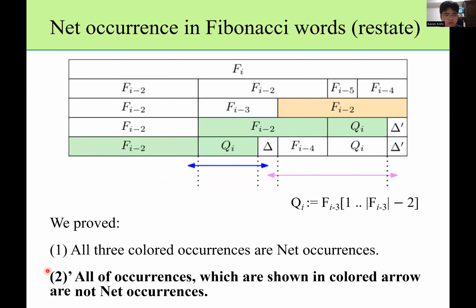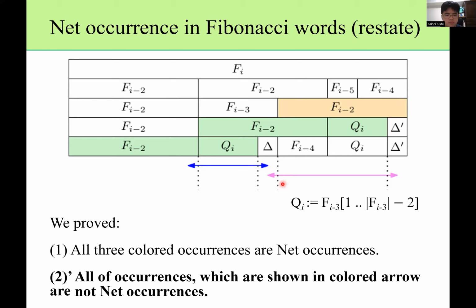So we prove that these three occurrences of substrings are net occurrences, and I said that we proved all other occurrences of substrings are not net occurrences, but in fact we only need to prove that only the occurrences shown in the super occurrence of these colored arrows are not net occurrences.